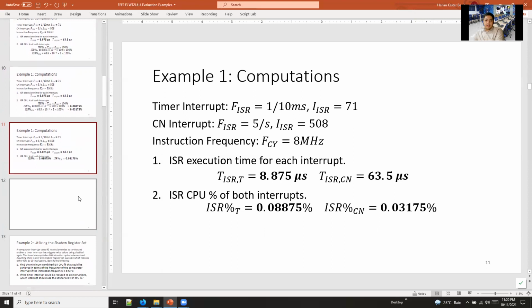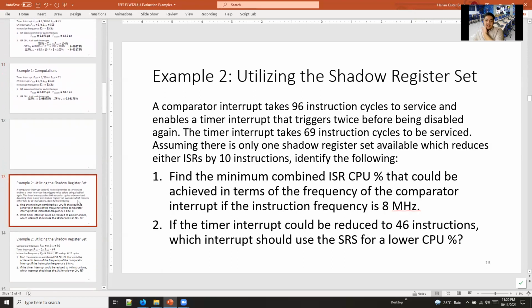Okay. Next example is an example which utilizes the shadow register set as sa kanya question. So a comparator interrupt takes 96 instruction cycles to service and enables a timer interrupt that triggers twice before being disabled.